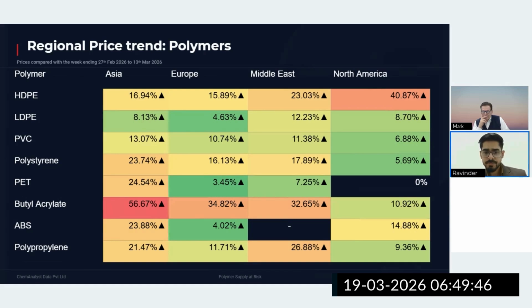See, acrylate change, if we talk about the butyl acrylate, has observed the major price change here, the highest, that is 56.67% for butyl acrylate in Asian market. That is not in Europe, not in Middle East, not in America, that is happening in Asia. As I said earlier, the war crisis has affected Asia most.